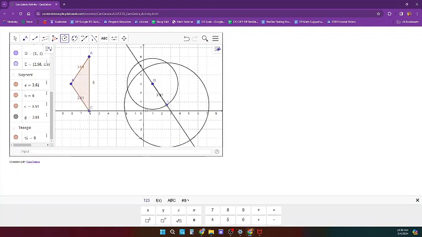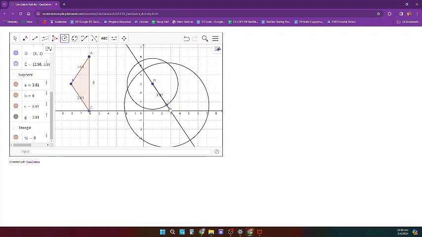That should be enough. And we have our new circle there. And we're going to locate and label the points of intersection between the two circles as point F. So D, E, F is going to be right here. So our point tool is going to be the intersection here.